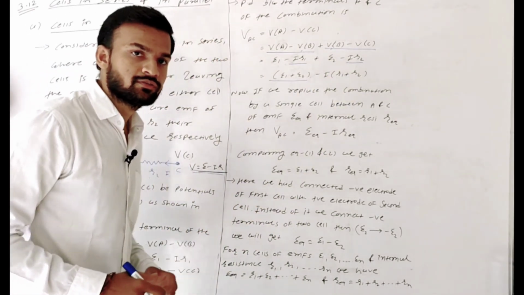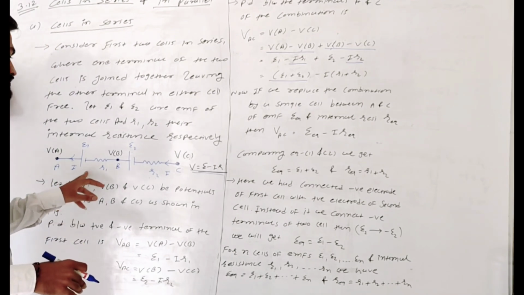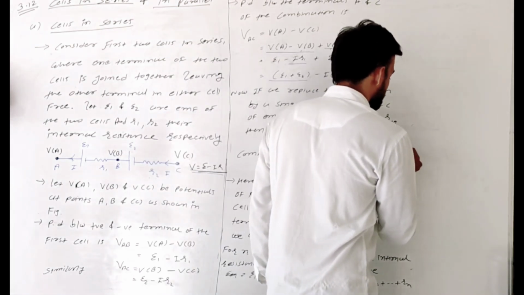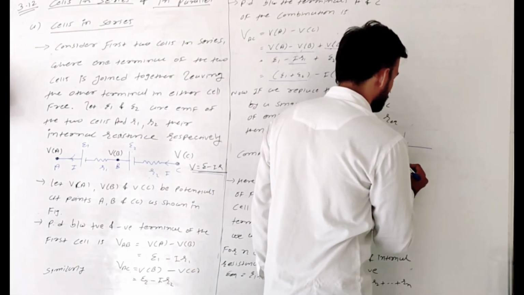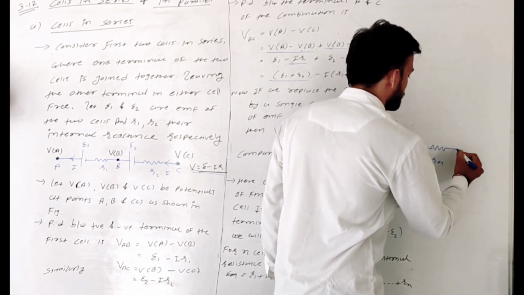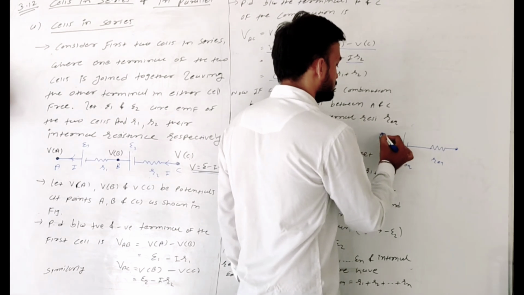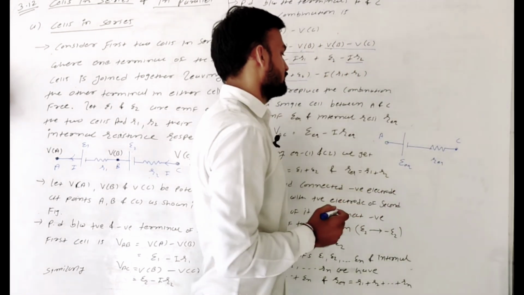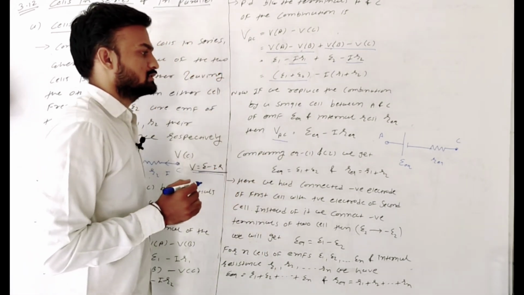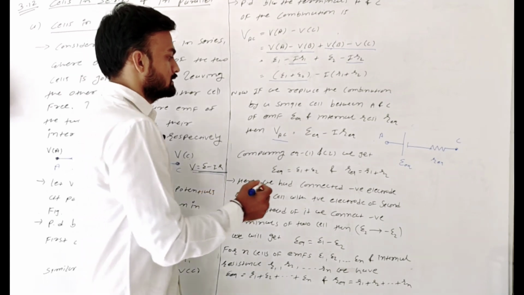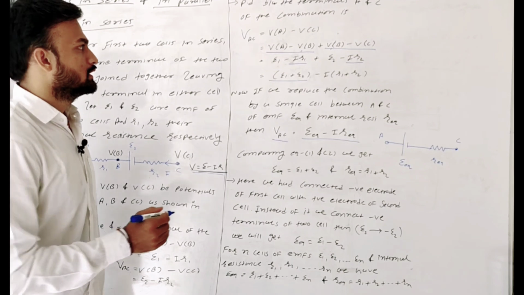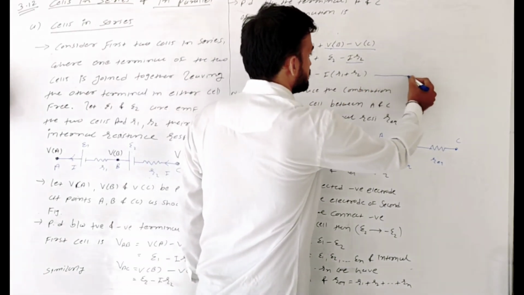Now if the combination of these two cells E1 and E2 connected in series is replaced by one cell whose EMF is E equivalent and internal resistance is R equivalent across the two ends A and C, then for this cell we can write the potential difference across terminals A and C is equal to E equivalent minus I R equivalent. Now we can compare these two equations.